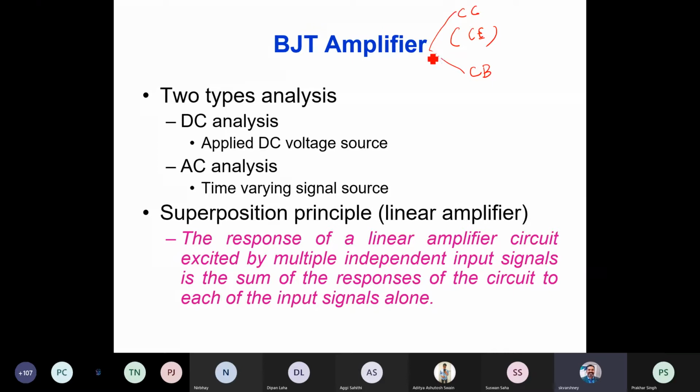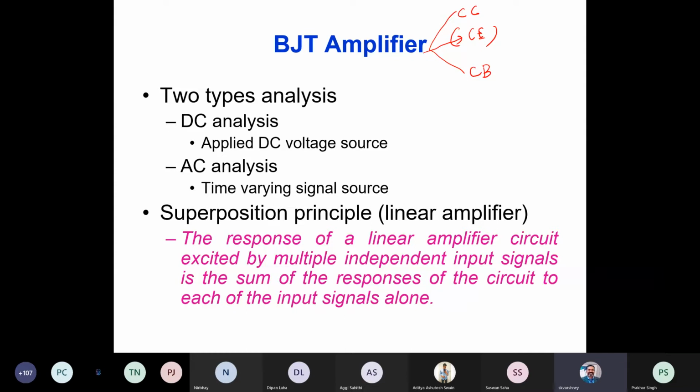We are restricting ourselves to the common emitter configuration as it has definite advantages and benefits for amplification. It can amplify both the current as well as the voltage, so it is possible to amplify the signal.